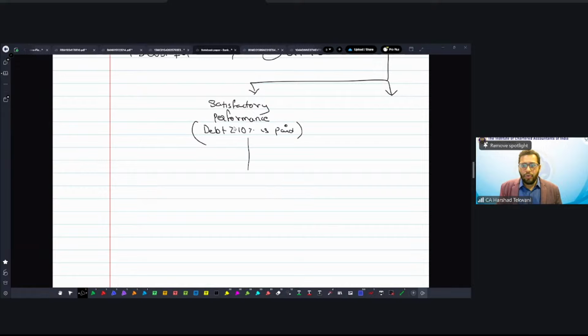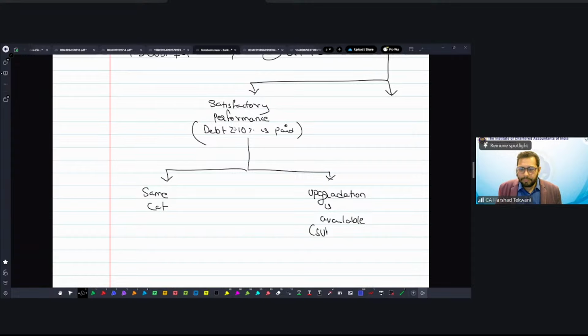I can either choose to keep the same category, if it is still stressed and the qualitative frameworks are there, or upgradation is available, again subject to terms and conditions. We will not go into the terms and conditions now.